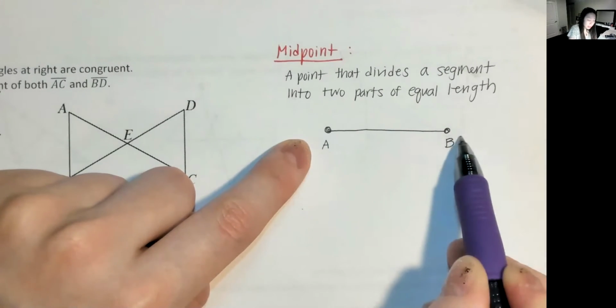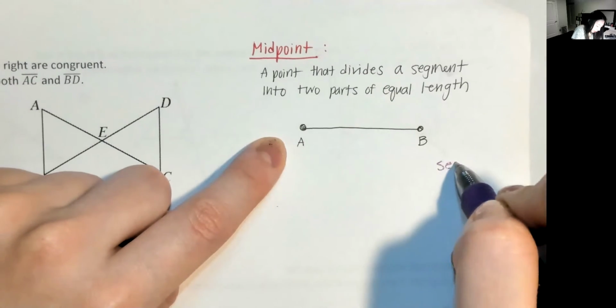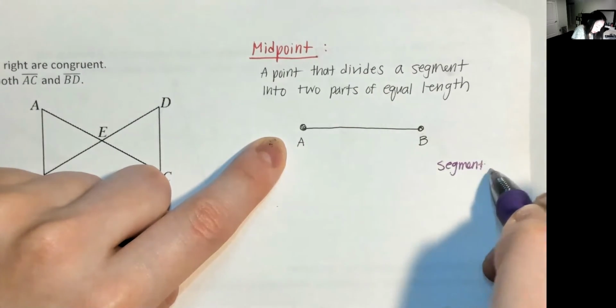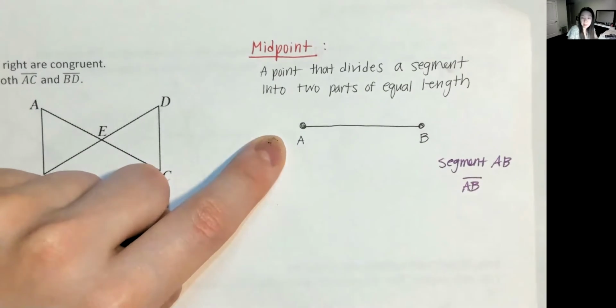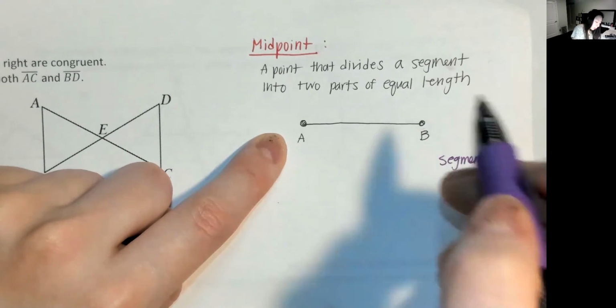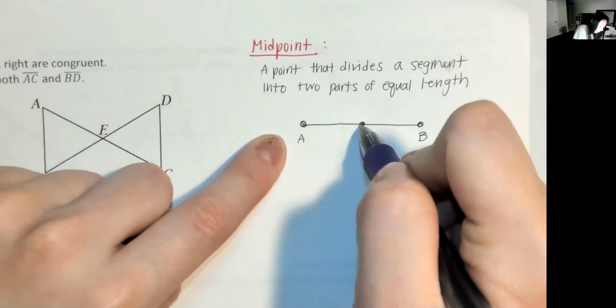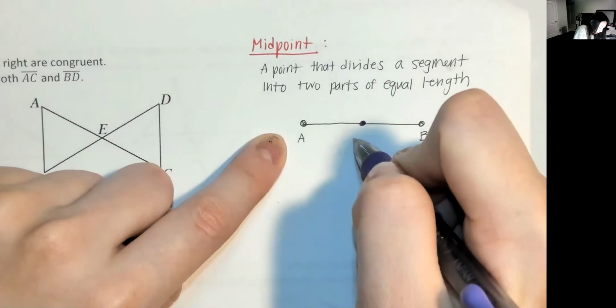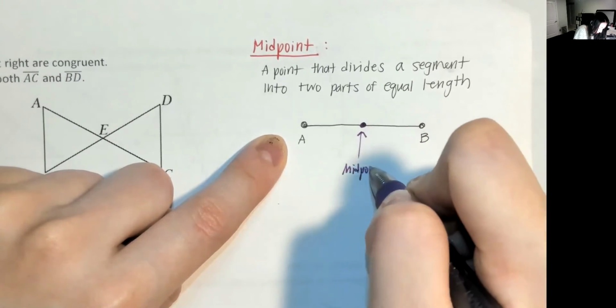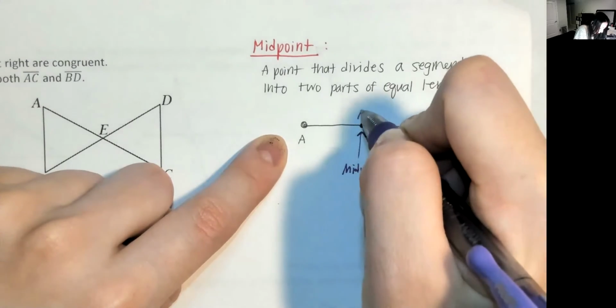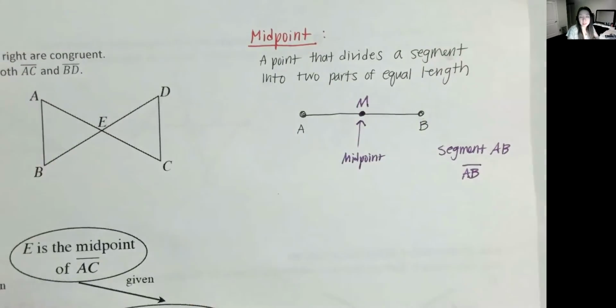So this is segment AB. We got a segment AB, which you write as a bar on top of AB. If I put a point in the middle, assume that this is the middle, this is going to be the midpoint. I'm going to assume that this is exactly in the middle, and that's my midpoint.